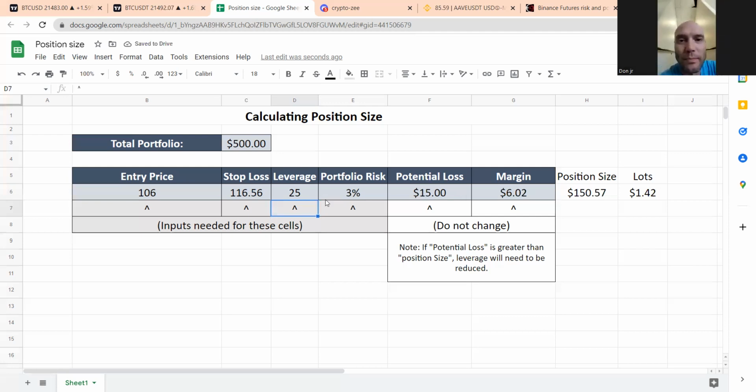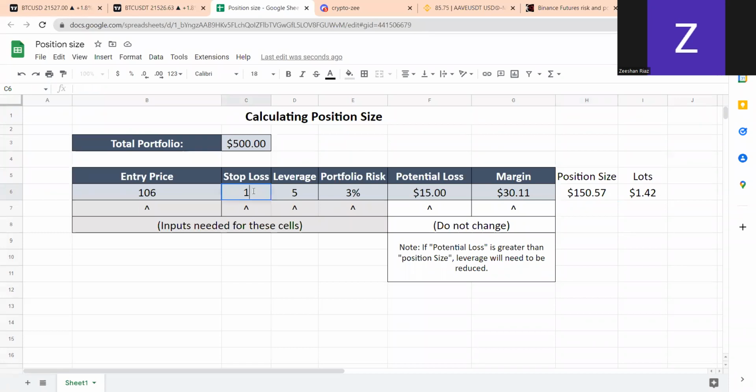You can see how with 25x the margin is just 6, with 10x the margin is 15, with 5x the margin is 30. So it's the multiplication, but the position size will remain the same until you change your stop loss.